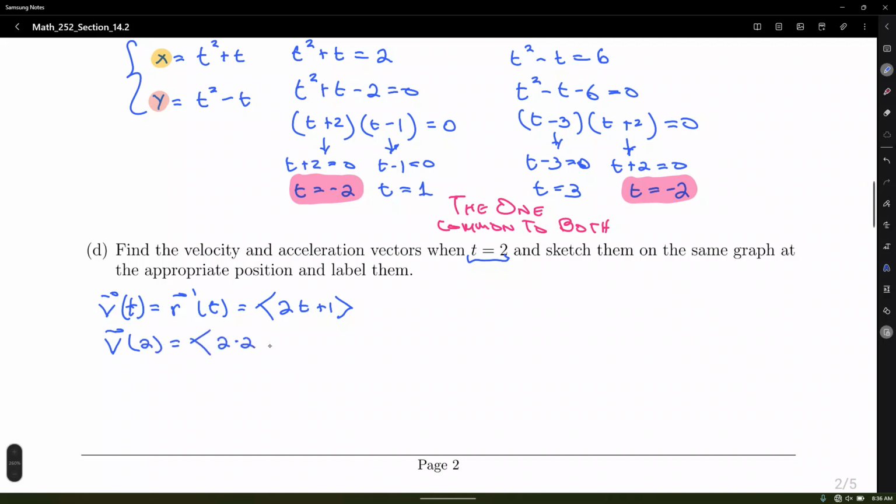That is 2 times 2 plus 1, and 2t minus 1. Forgot to differentiate the second component. So that is 2 times 2 minus 1. 4 plus 1 equals 5. 4 minus 1 equals 3.